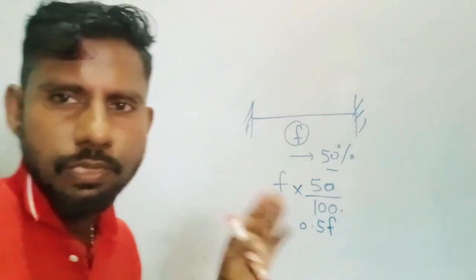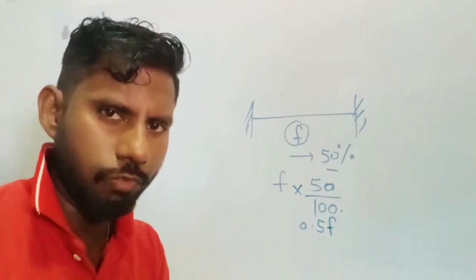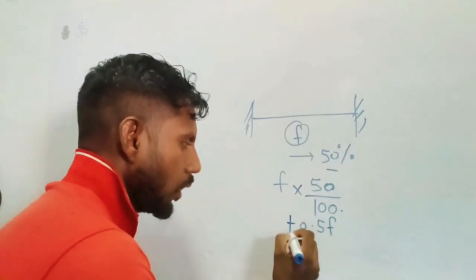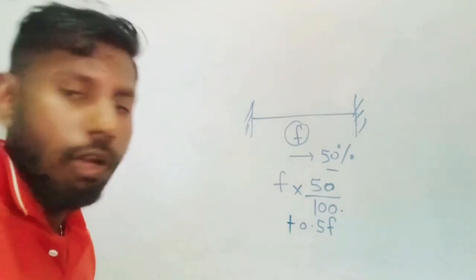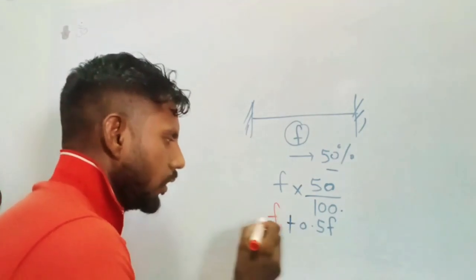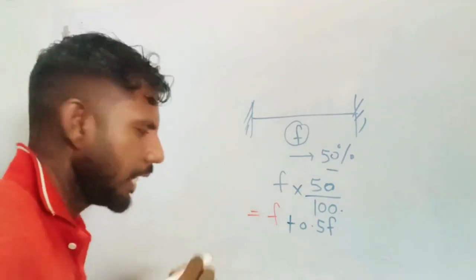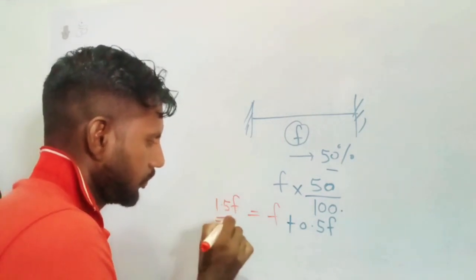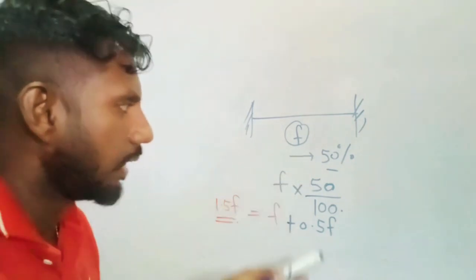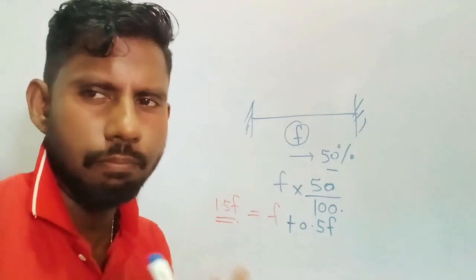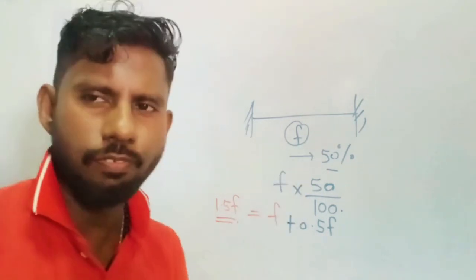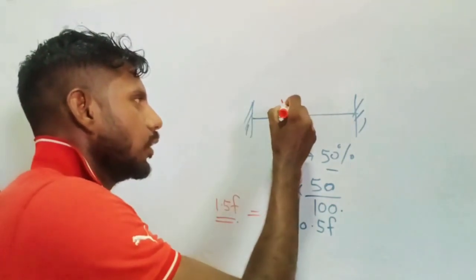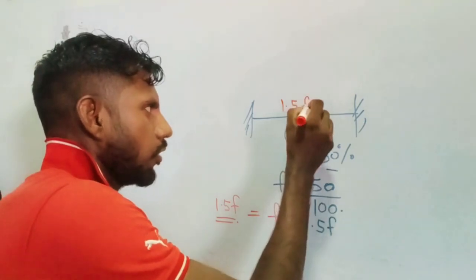So the frequency is increased by 0.5 F. So the final frequency will be 0.5 F plus the original value F, so the final value will be 1.5 F. Increasing values with a percentage is not difficult, you have to practice this. So the new frequency will be 1.5 F.